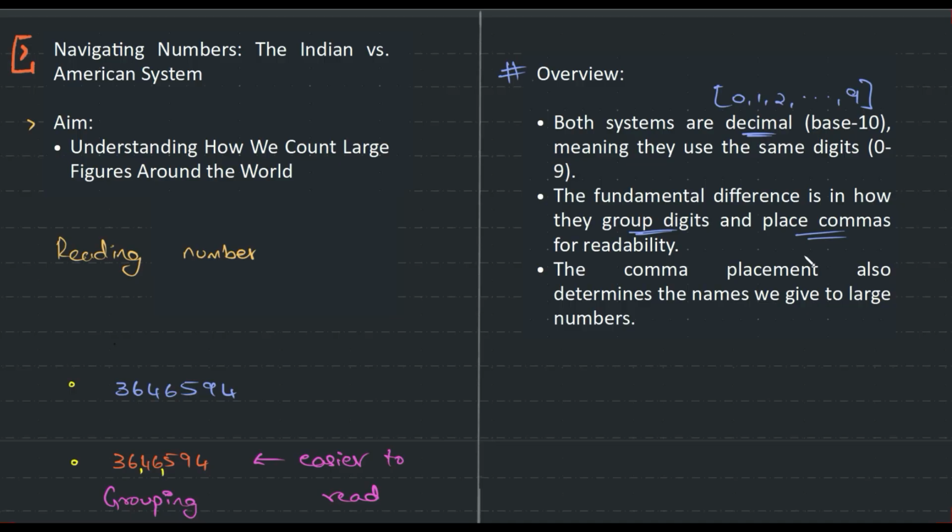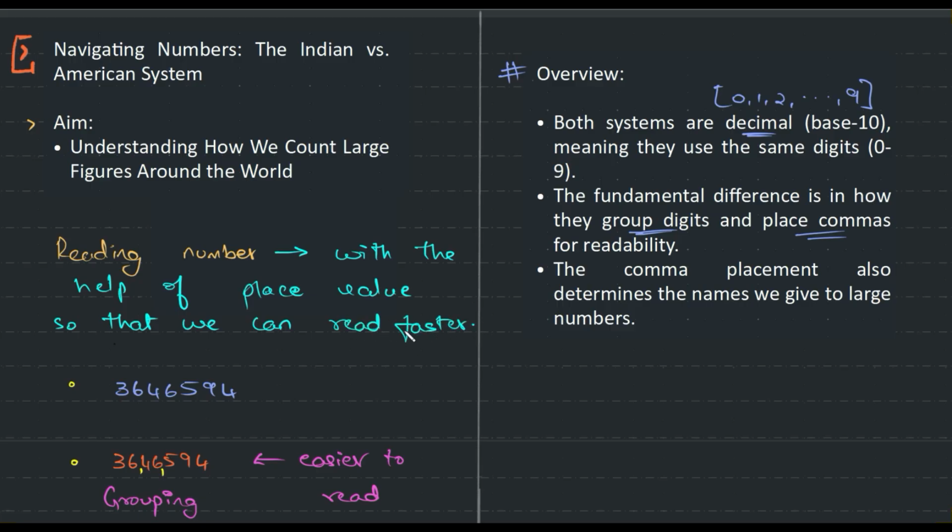So reading numbers with the help of place value so that we can read faster. That's the basic agenda, as simple as that. You guys can take this as an example.